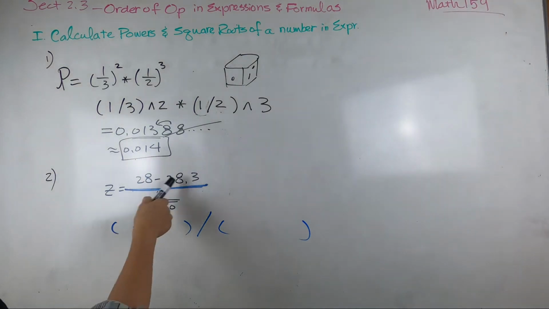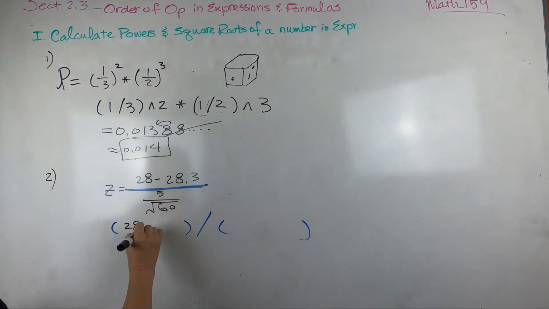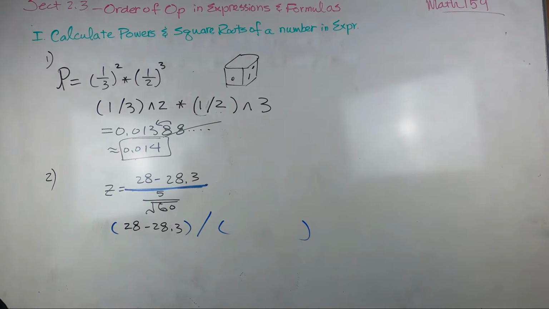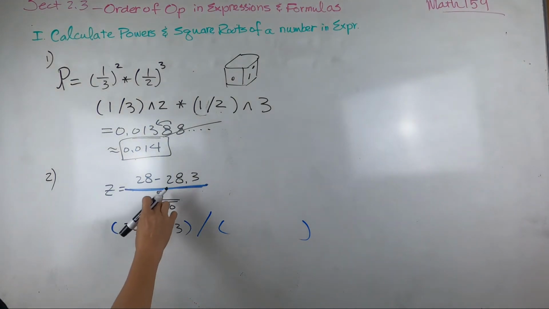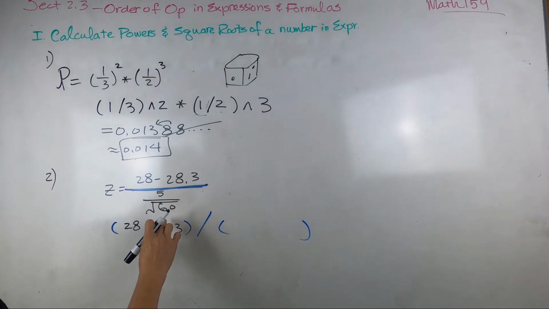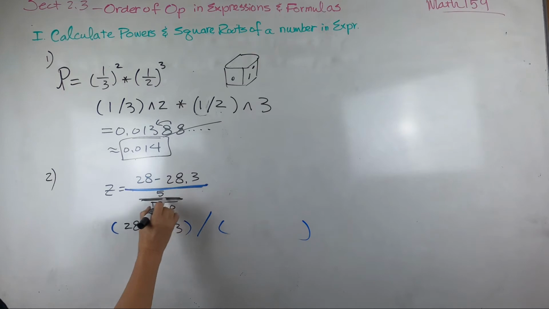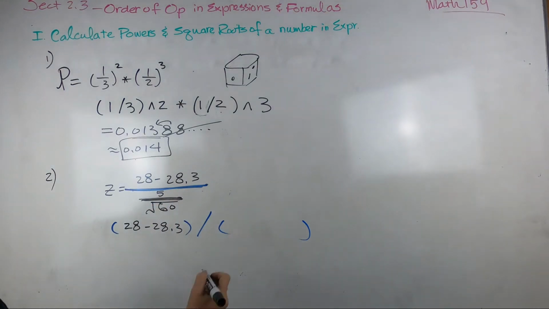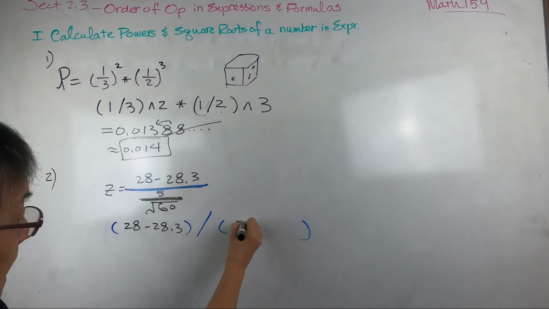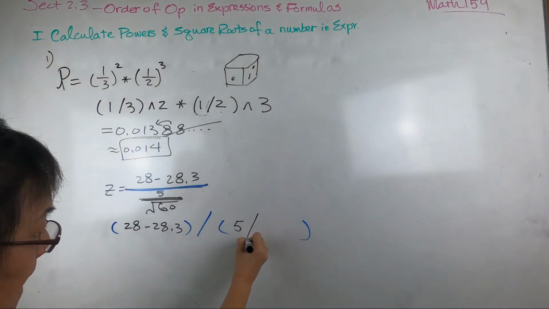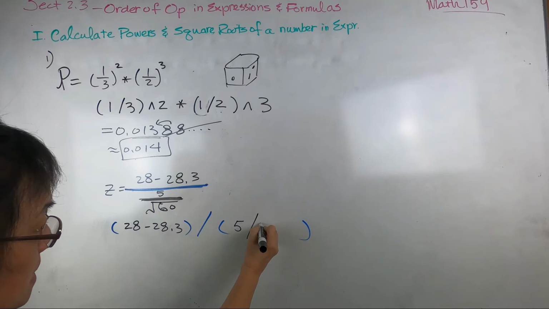They are two different groups, right? So this one will be 28 minus 28.3, right? Then this denominator is another group. It should be 5 divided by, okay, another group.